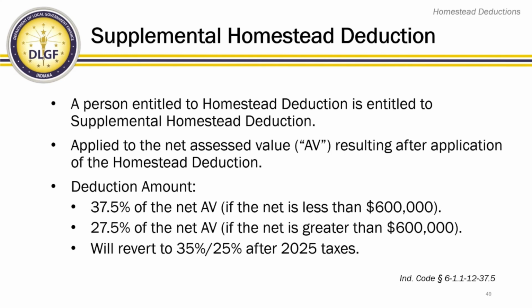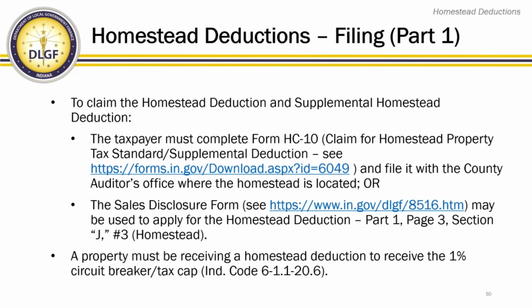And it will be returning to what had previously been the standard of 35 and 25% after the 2025 tax year. And so the 37.5 or 35% applies to properties that have an overall value that is less than $600,000, and the 27.5 and 25% applies to properties that have a value that is greater than $600,000.